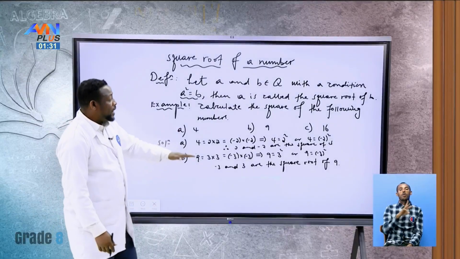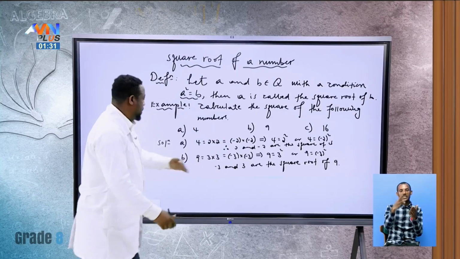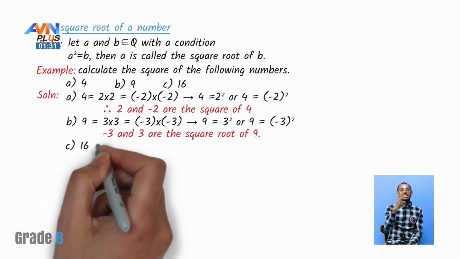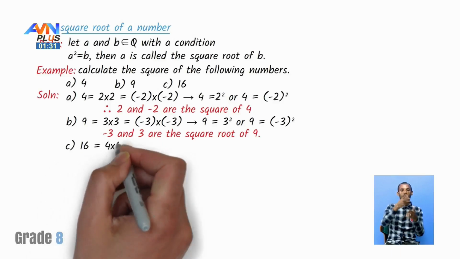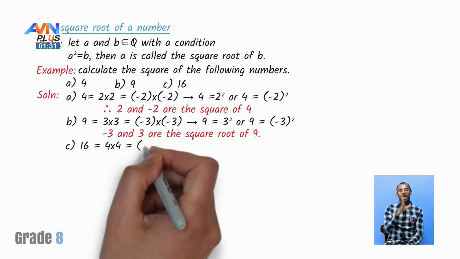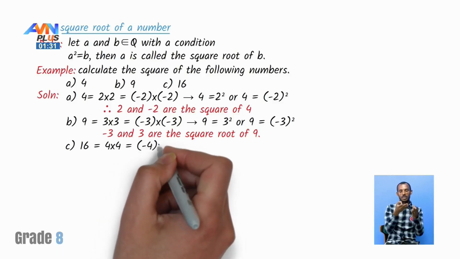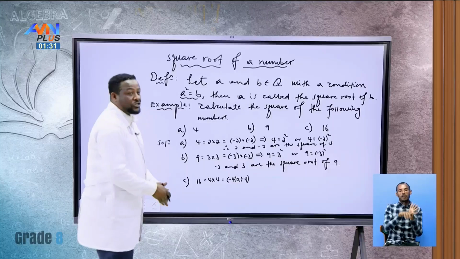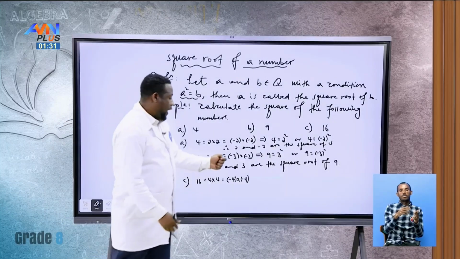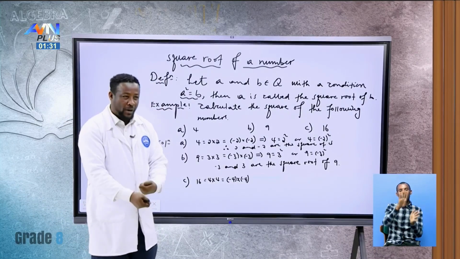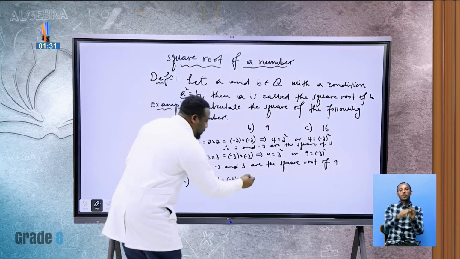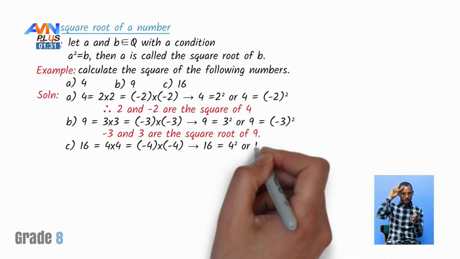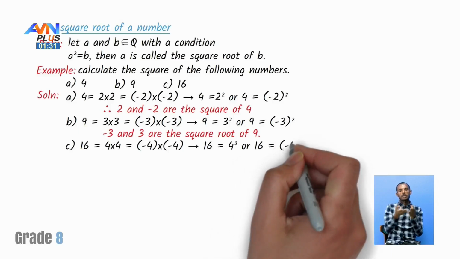Similarly, we can write 16 in this form. So when we come to the C part, 16 can be written as 4 times 4. And also we can express 16 as a product of another identical factors, I mean minus 4 times minus 4. So 16 can be expressed as 4 squared, or as minus 4 squared.